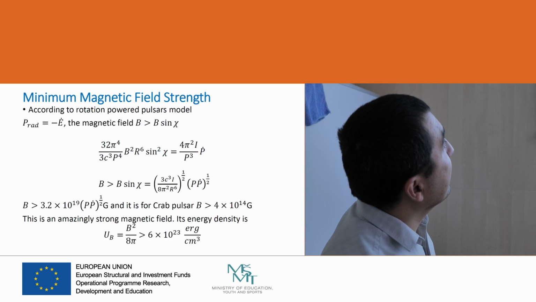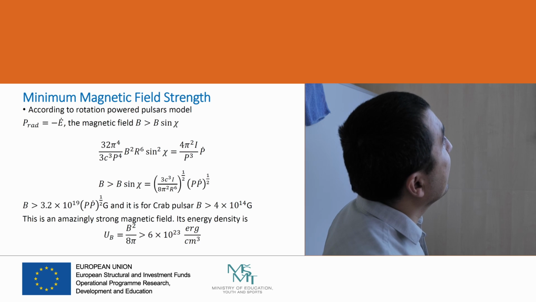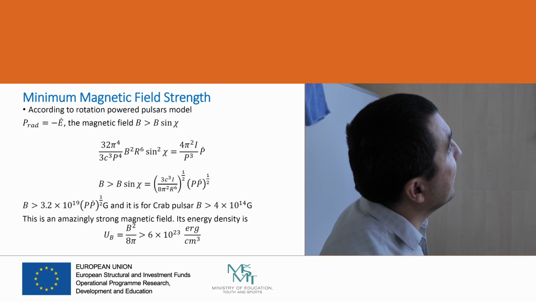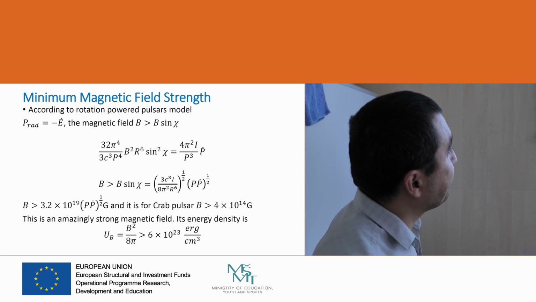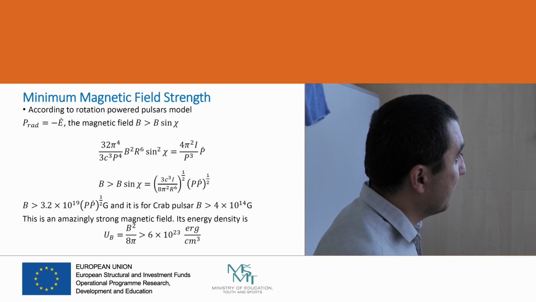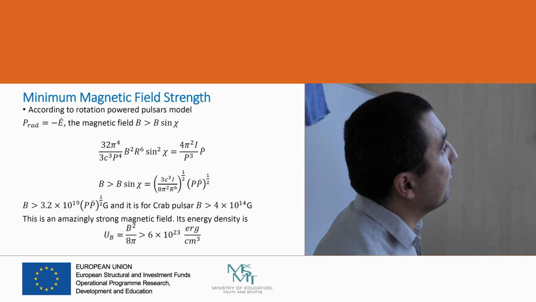And here is a simple estimation for the minimum value and maximum value of the magnetic field, and the Poynting flux at the energy density of magnetars for the Crab pulsar.